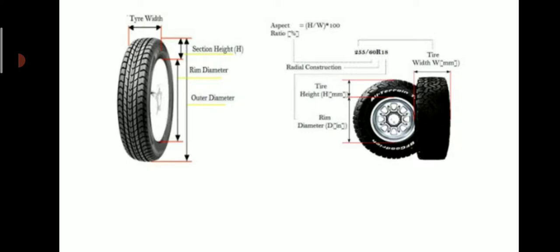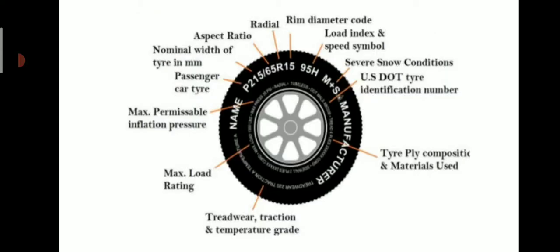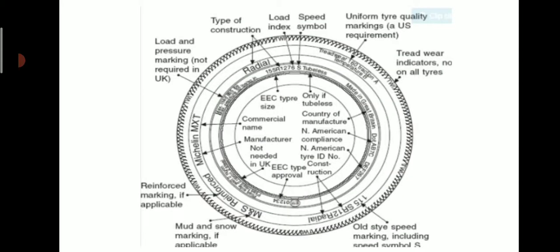So this is another picture of another wheel, representing the designations of the tire. After that, the same thing but with more components: construction type, load index. After that, you will see the tread wear indicators. Such information is mounted on the tire.